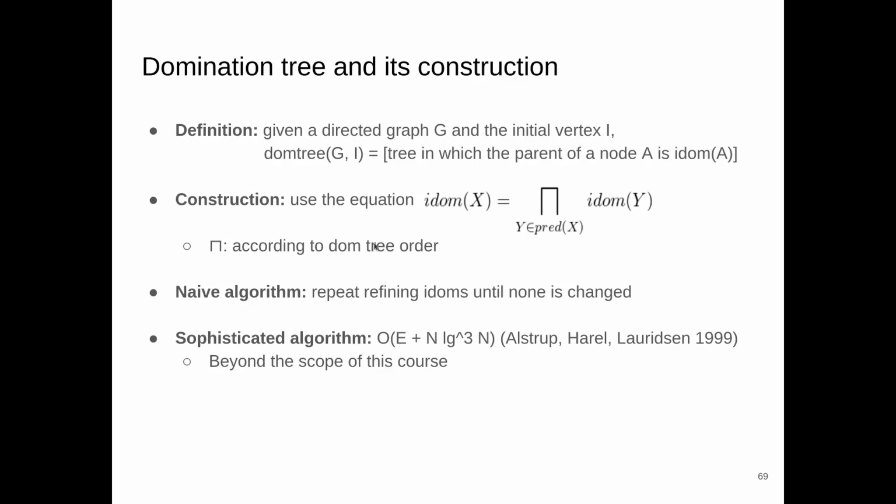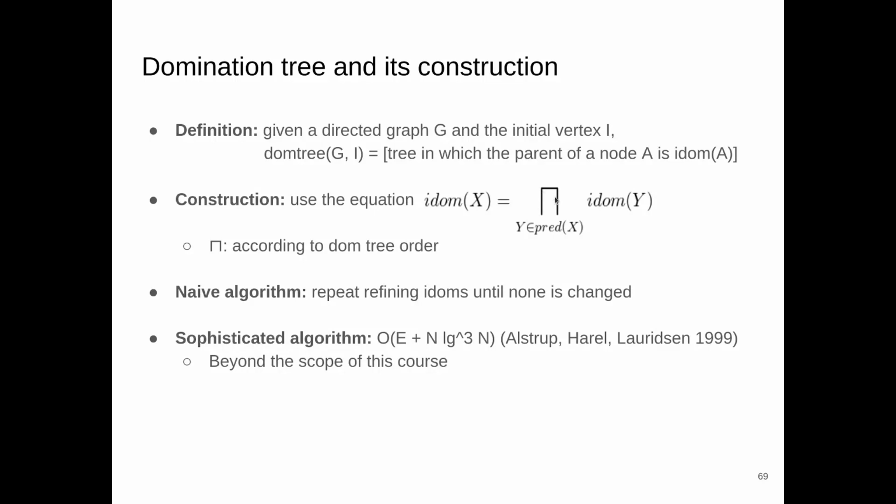So this is the definition. The dom tree of G from the initial block I is a tree in which the parent of a node A is the immediate dominator. And we're going to construct this domination tree using this equation. The immediate dominator of block X should be the intersection of the immediate dominators of the predecessors of this X. Here the intersection is according to the domination tree order.